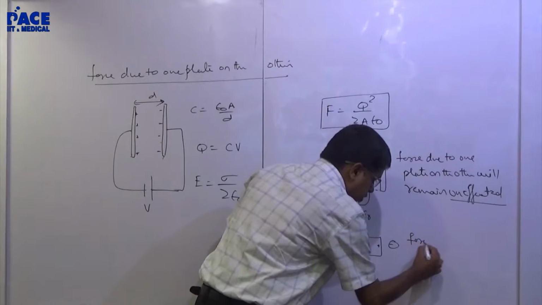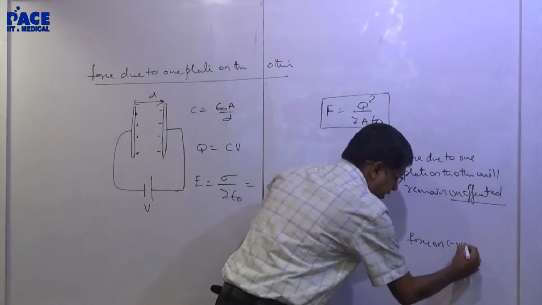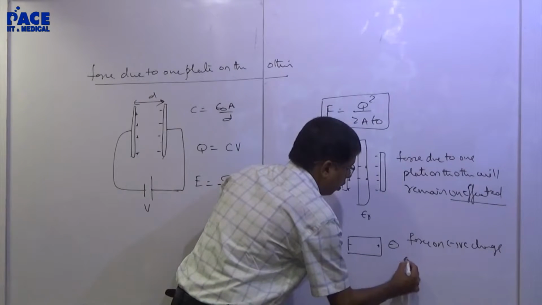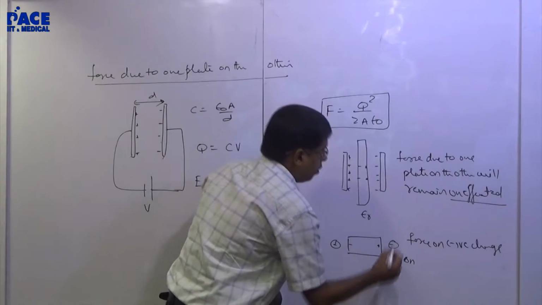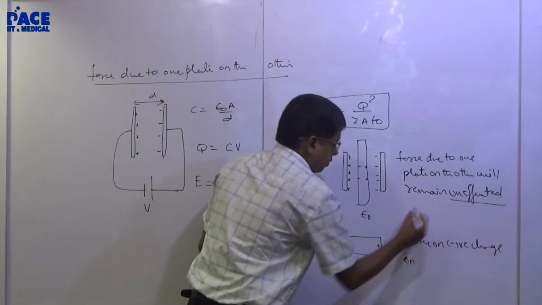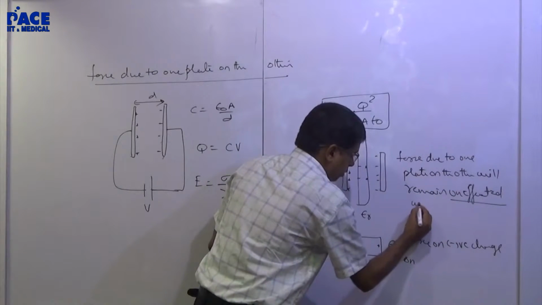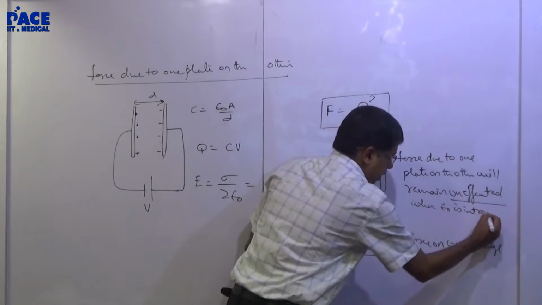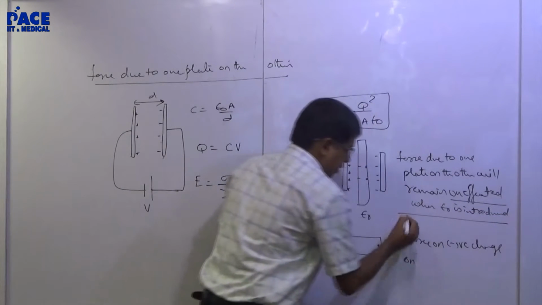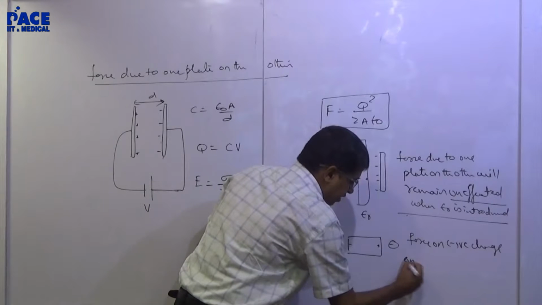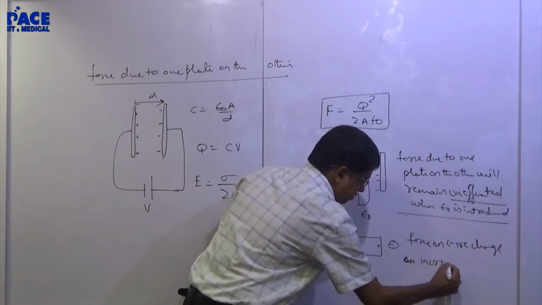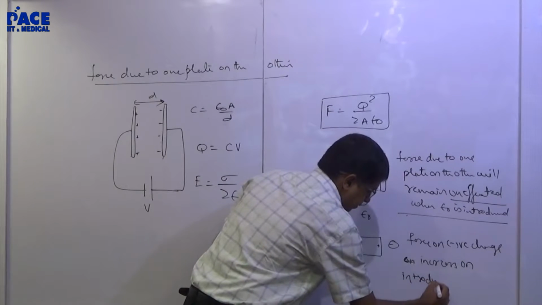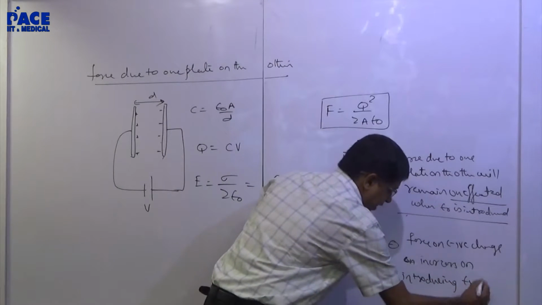Here force on negative charge due to each other will remain when epsilon r is introduced. Right? Force on negative charge increases on introducing the dielectric.